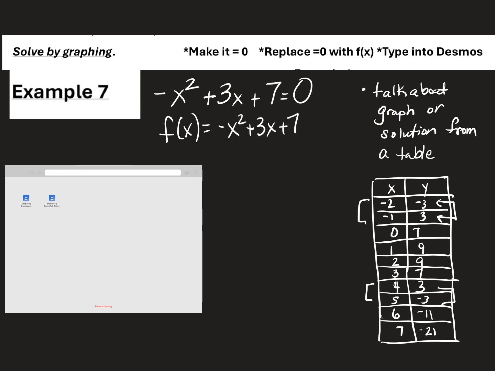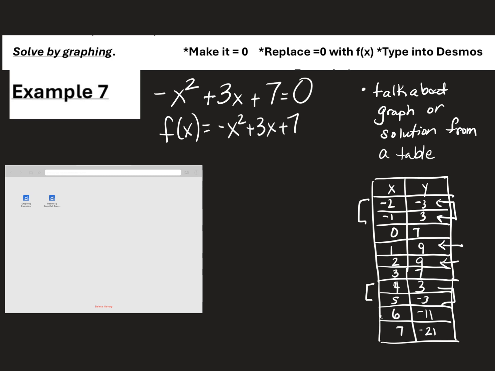I want to show you another thing that you know by looking at this table. I know where, or close to where, the vertex of this quadratic is. When you see two numbers that are the same, the vertex is going to be in between those two numbers, because these two numbers are reflections of one another across, not the y-axis, but the axis of symmetry. 1, 9 and 2, 9 are reflections of one another.